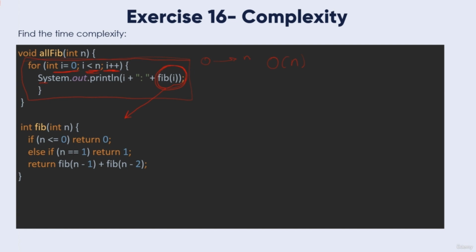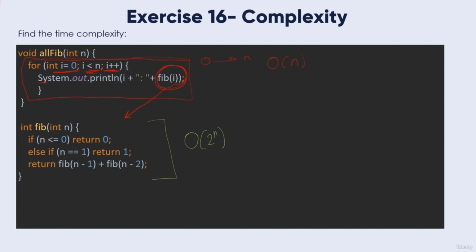When you see Fibonacci, put in mind that we have an exponential. We have solved this before. And we said that Fibonacci f of n minus 1 and Fibonacci of n minus 2 will result in O of 2 to the n. Please go back to exercise number 15 to better understand this function. Okay?